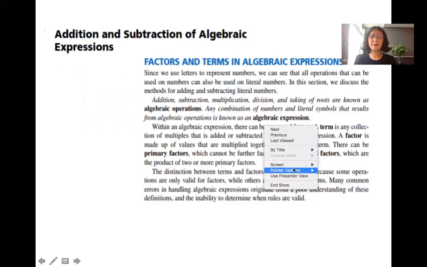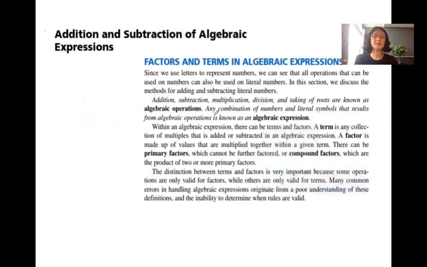So this is about some terminologies about algebraic expressions. First, what are algebraic operations? Any addition, subtraction, multiplication. Sometimes we use a dot, sometimes we use this star. And division, sometimes we use this slash, sometimes we use this little bar.